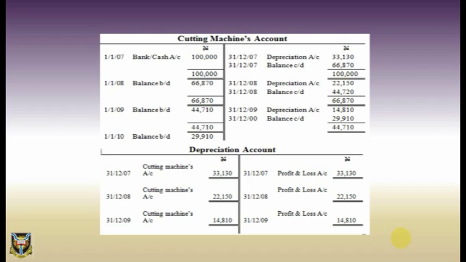Provision for depreciation account. 31/12/2007 balance C/D 33,130. 31/12/2009 balance C/D 70,090.